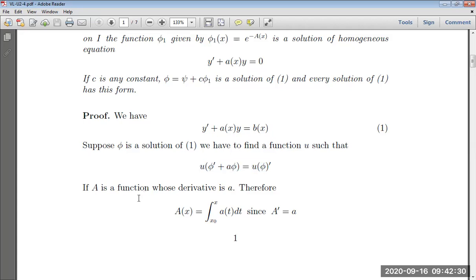Now, if we consider a function A whose derivative is the function a of x, the coefficient from the linear differential equation, then on integrating A dash is equal to a of x, integration of A dash is A of x, and take the integration of the right hand side from x0 to x. So this is the integral of a of t. Okay, because we know that A dash is equal to a.